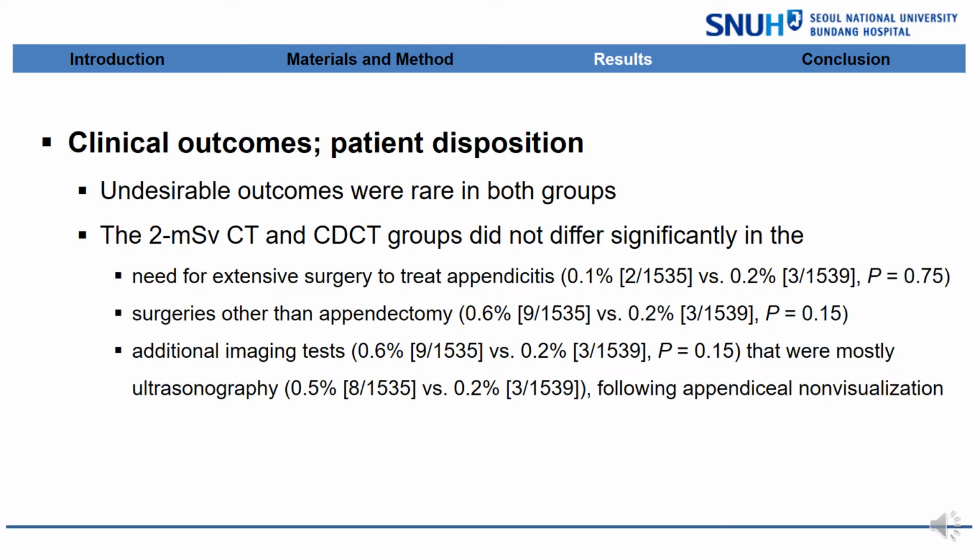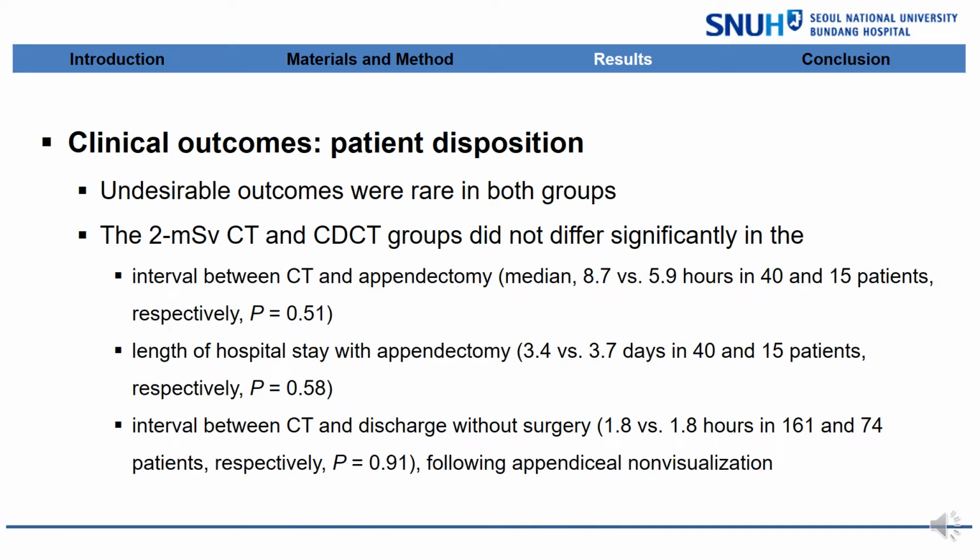The two groups did not differ significantly in the need for extensive surgery to treat appendicitis, surgeries other than appendectomy, additional imaging tests, interval between CT and appendectomy, length of hospital stay with appendectomy, or interval between CT and discharge without surgery.